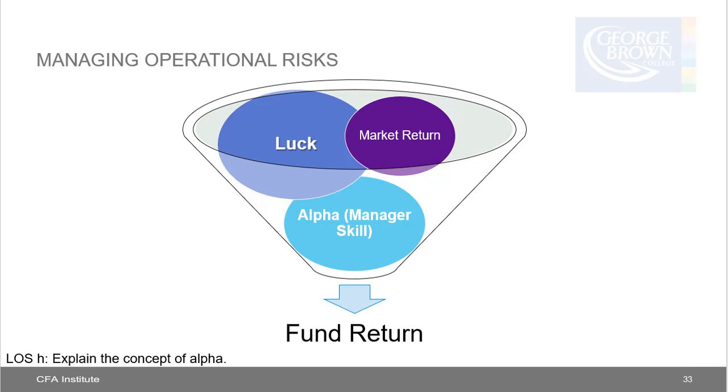This outperformance over the return of a relevant market benchmark is generally referred to as alpha. So it's the difference between the portfolio return and the benchmark return. We call that alpha. Alpha can be positive, that is overperformance. Alpha can be negative, that is underperformance.